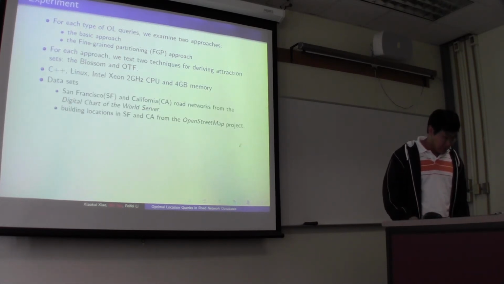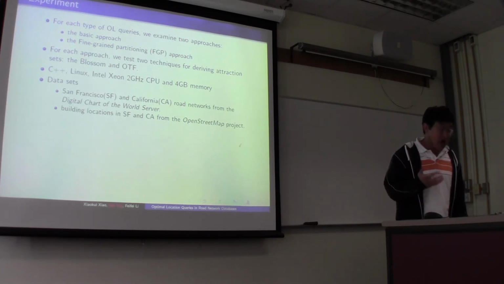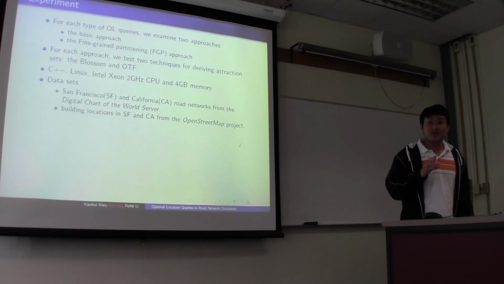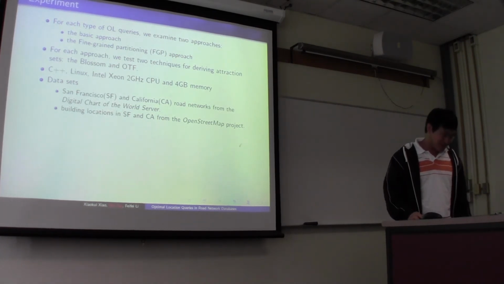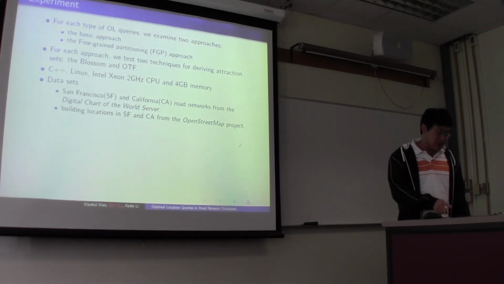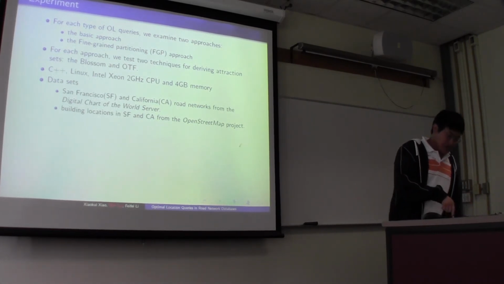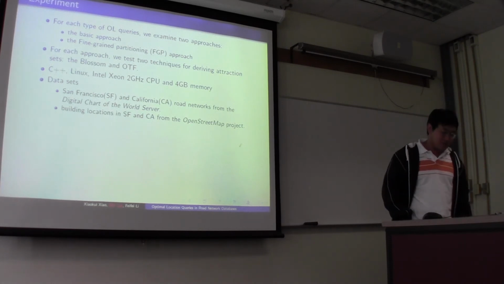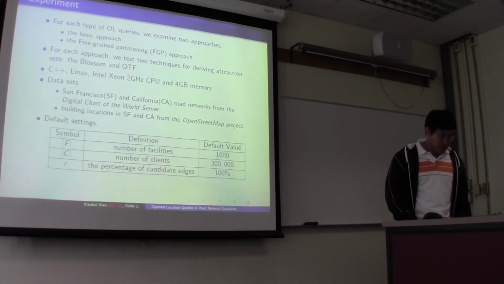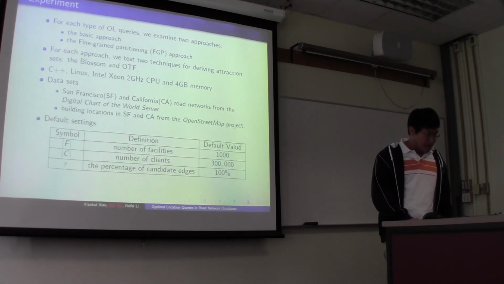We use real data sets, and we derive the facilities and the clients from the building locations in these two real data sets from the OpenStreetMap project. And here are some default settings for our experiment.